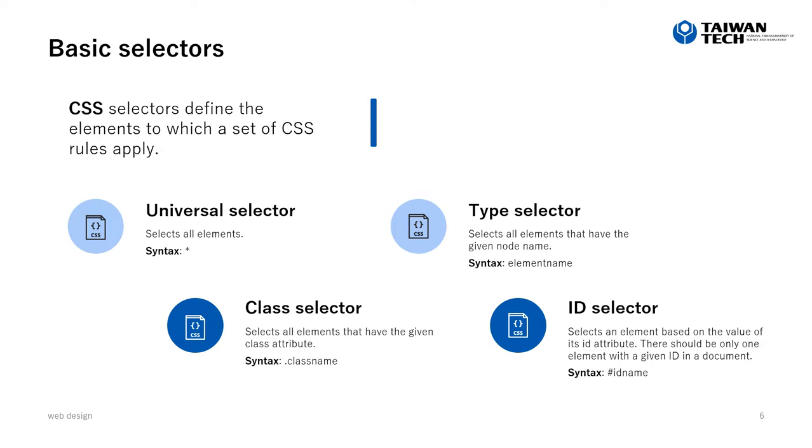And what is a type selector? I just say human being. We have 2 legs and a mouth, and that is a type selector. It represents all human beings. What is the universal selector? It's all things.